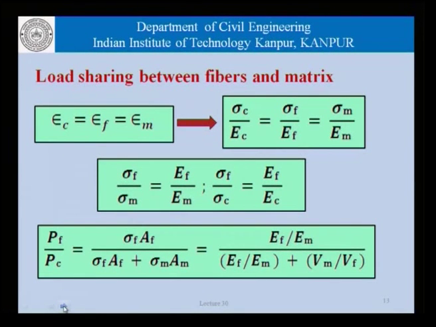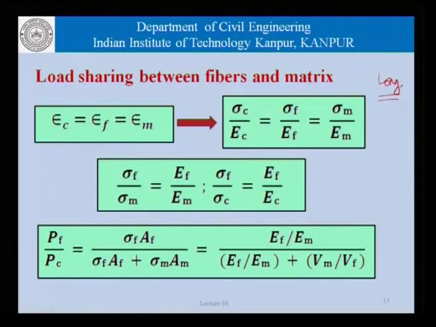When it comes to load sharing between the fibers and the matrix, this is the formulation that I have shown to you for the longitudinal loading, that is the loading which is along the direction of fibers. So, we can see that the strain in the composite has been taken to be the same for the fiber and the matrix, and if this is the condition, then we can write it as shown here in this box, that is sigma c by E c is equal to sigma f by E f is equal to sigma m by E m.